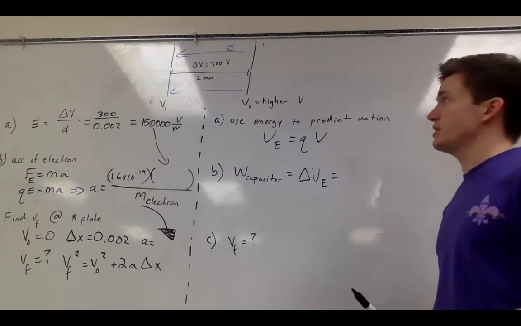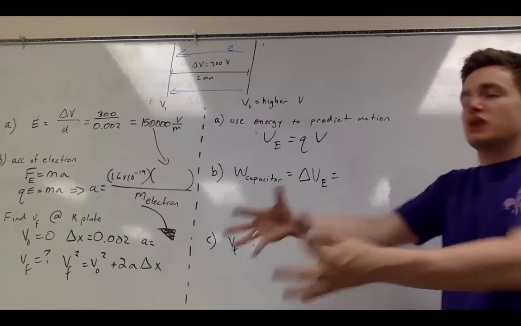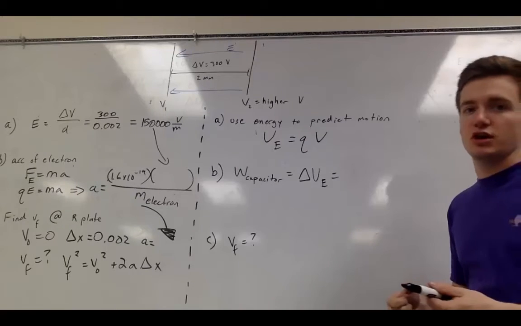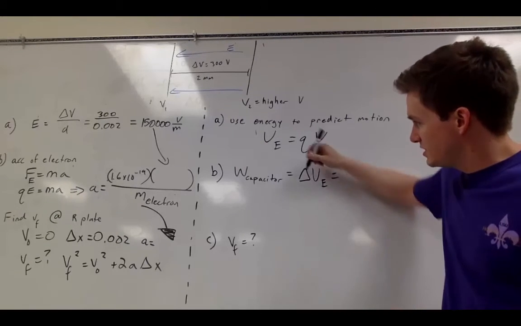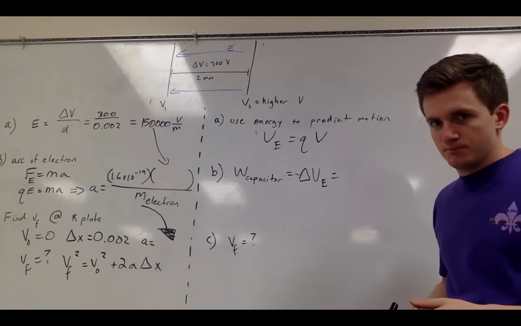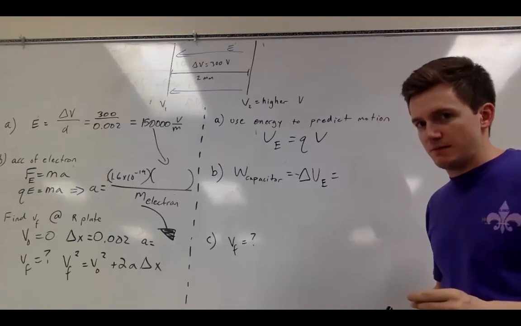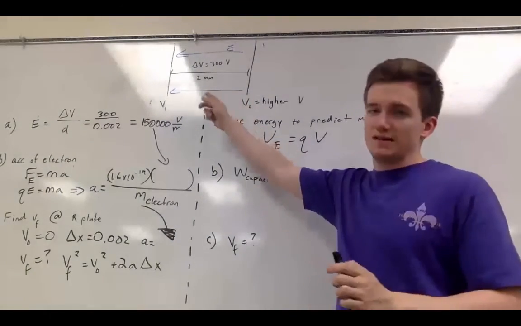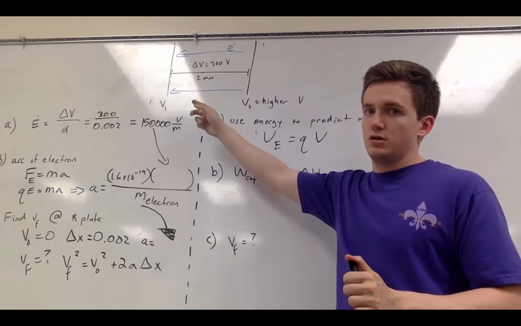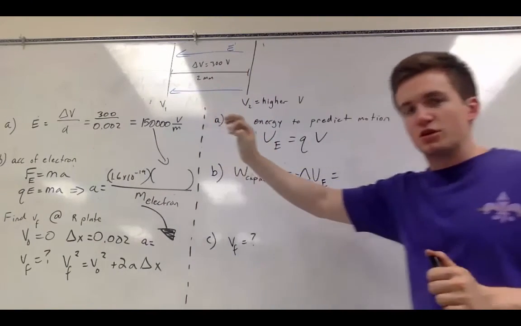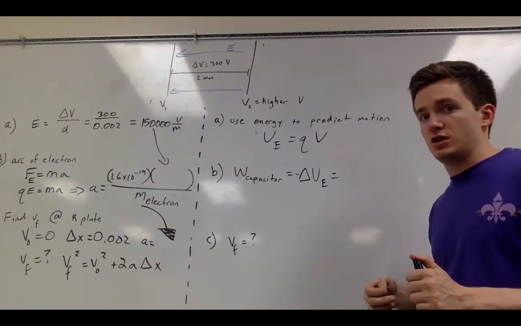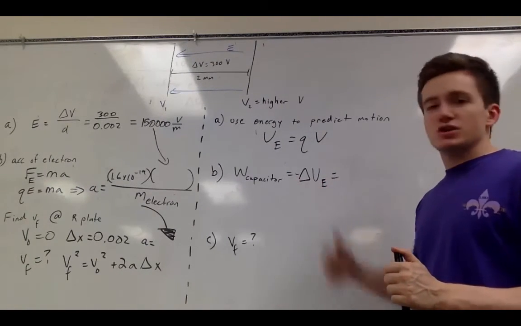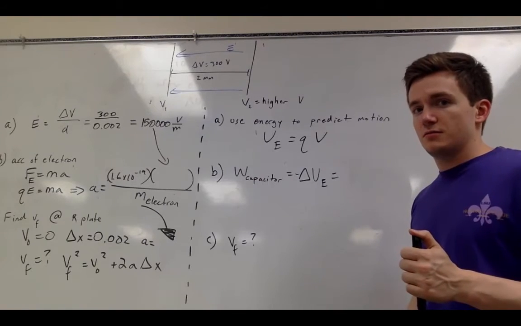The capacitor is doing work, sucking potential energy out of the electron and turning it into kinetic energy, which means we need a little negative right there. Think about that. Make sure you understand that. The work done by that capacitor is removing potential energy and converting it into kinetic energy, which means it's sucking energy out of it. That's going to be negative.